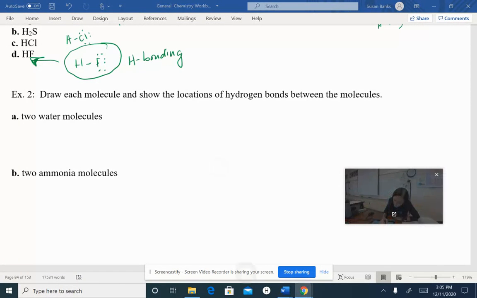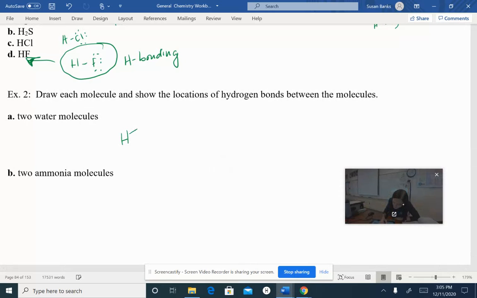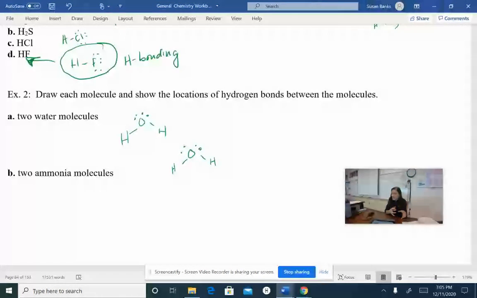So if I draw a water molecule, and I'm going to draw another water molecule nearby. Remember, hydrogen bonding takes the positive area from one molecule and bonds it to a negative area of another molecule.